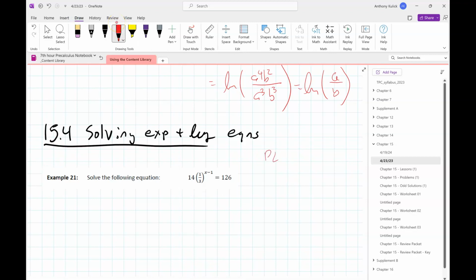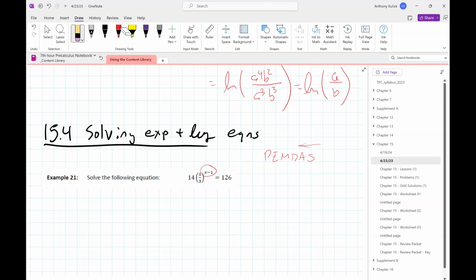So remember, we have the order of operations, but since we're solving, we're kind of working backwards, right? First thing I'd want to do is undo any addition and subtraction. I do see some subtraction going on, but it's locked in the exponent, so I can't get to that until I've knocked that x minus 1 out of the exponent, right?